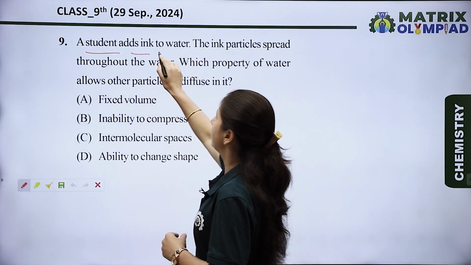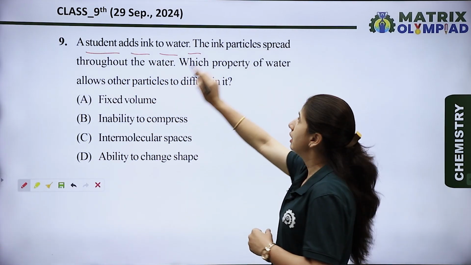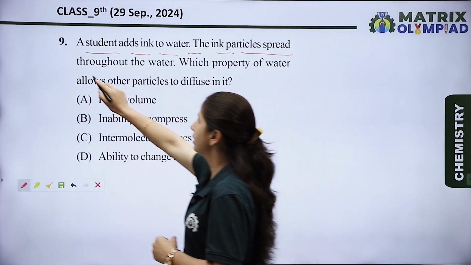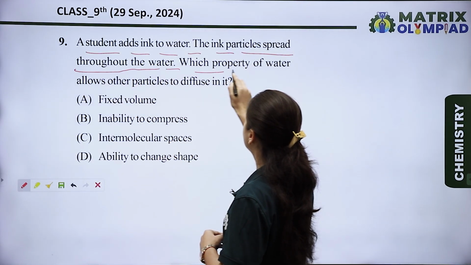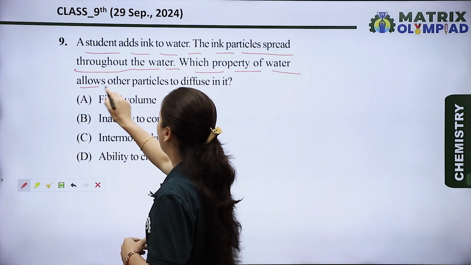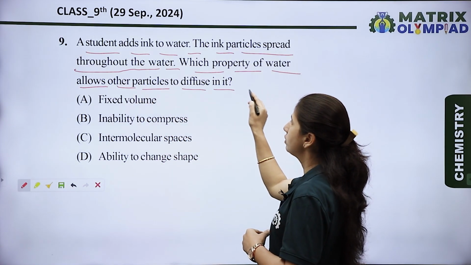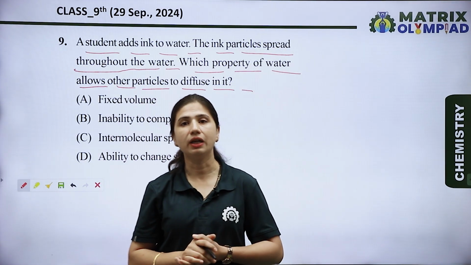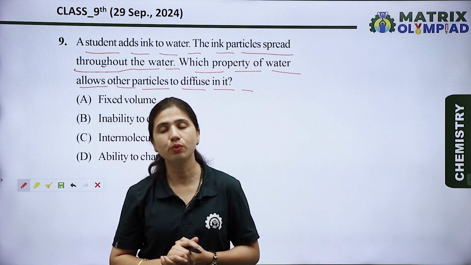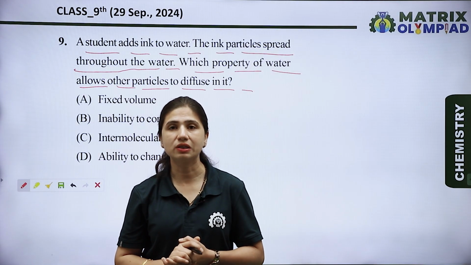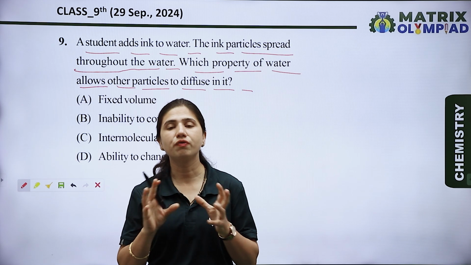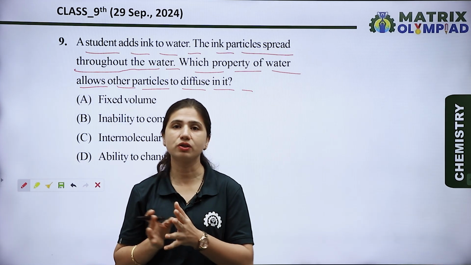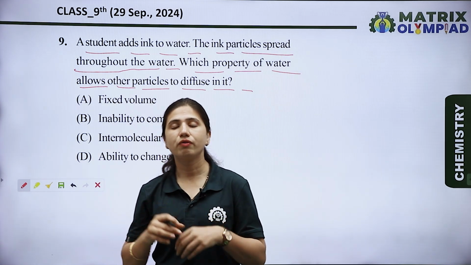A student adds ink to water. The ink particles spread throughout the water. Which property of water allows other particles to diffuse in it? First of all, we all know very well that water is a universal solvent, meaning it can easily dissolve different substances, maybe solid, liquid and gas, within it.